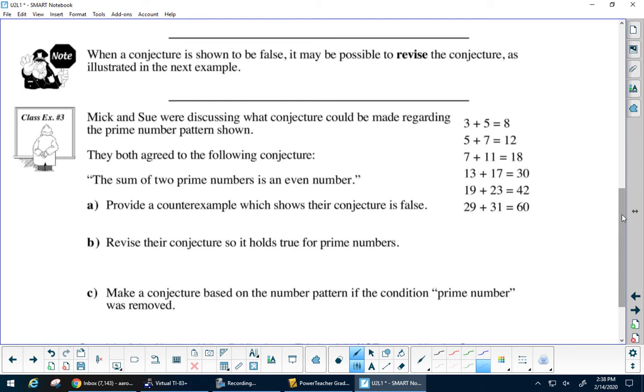Now, let's try another one. When a conjecture is false, it may be possible to revise the conjecture. Because sometimes you can. Maybe you say, remember last year on September 16th, I picked up my coat? And then your parents go, no, in the last year you have not done anything.